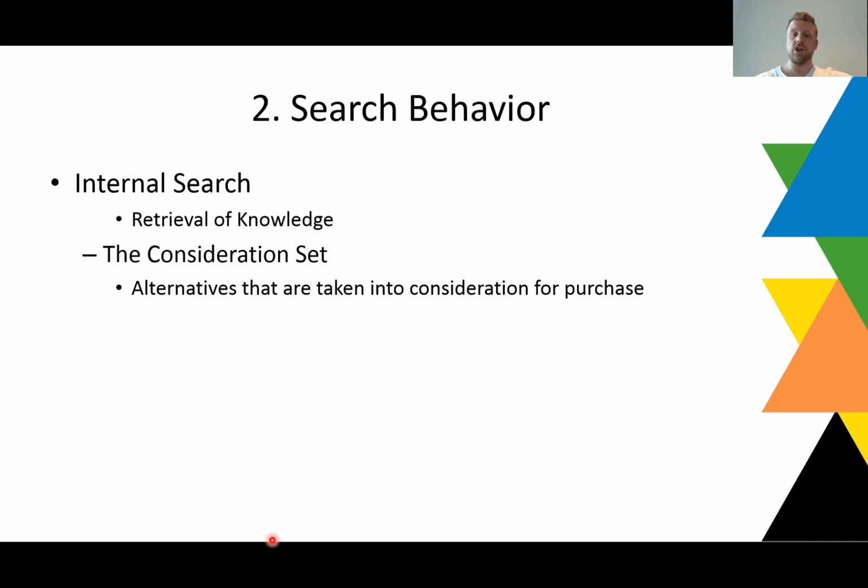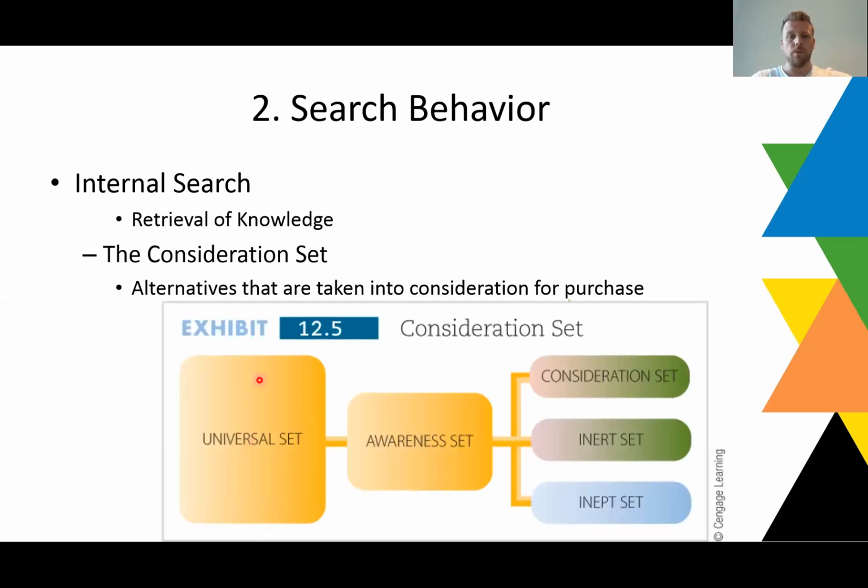us this consideration set. For instance, out of all brands that sell something, like of all brands of breakfast cereal, I have only a reduced awareness set, so brands that I know that exist. And then I might have a consideration set, which are the 3 brands that were on display on the previous slides. So these are the brands that I'm really interested in buying.